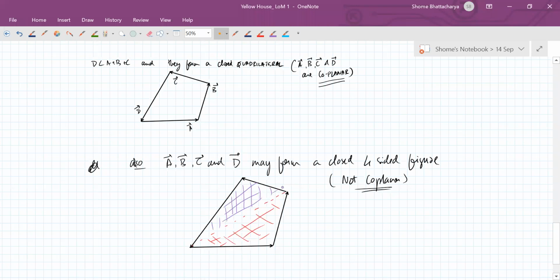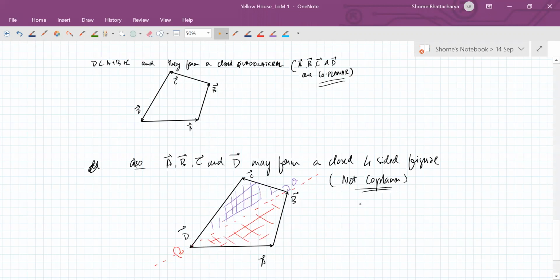So between these two, there is some angle. It's just like imagine that quadrilateral. We have folded it about this. So there is some. We folded this about this. So there is some angle. Okay.